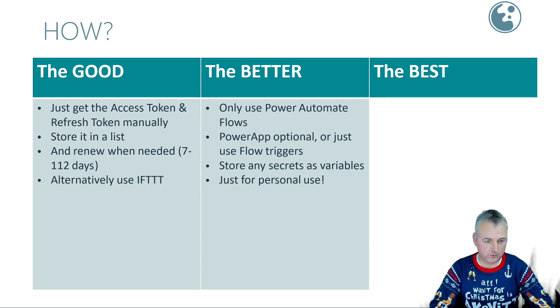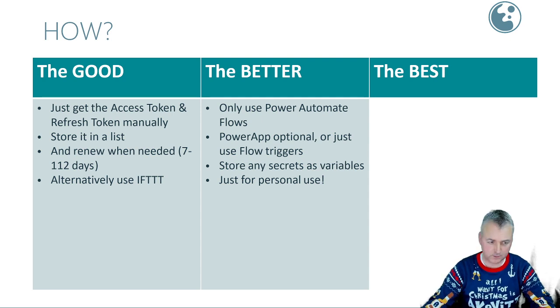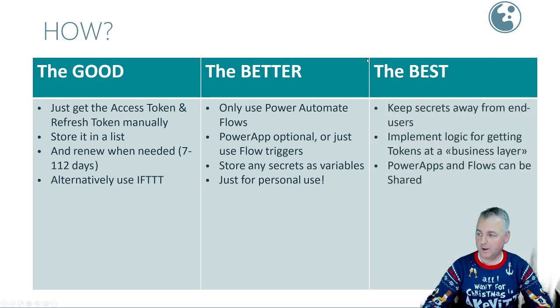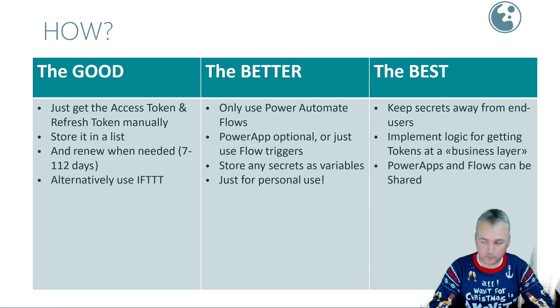So this is just for personal use. If you are going to build something that only you are going to use, then you can stay on the Power Automate and Power App side. The best solution I found was to keep the secrets away from end users and implement logic for getting tokens at, let's call it, a business layer, and abstract that from the user part.